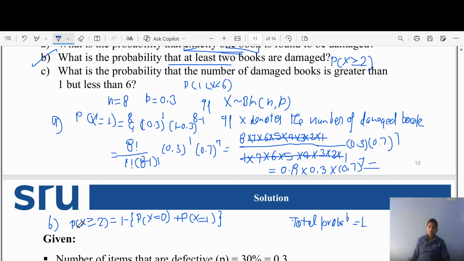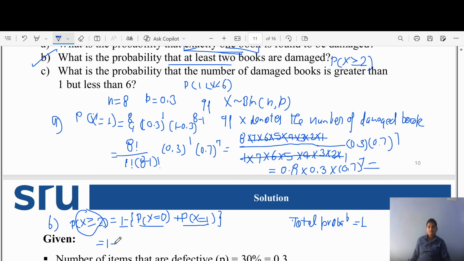So P(x) greater than or equal to 2 contains P(x) equal to 2, plus P(x) equal to 3, and so on up to infinity. So if we subtract these two probabilities from 1, we get the required result for 2, because it contains the probabilities equal to or more than 2. So if we subtract 0 and 1 from this, then this is for 2 and more than 2.